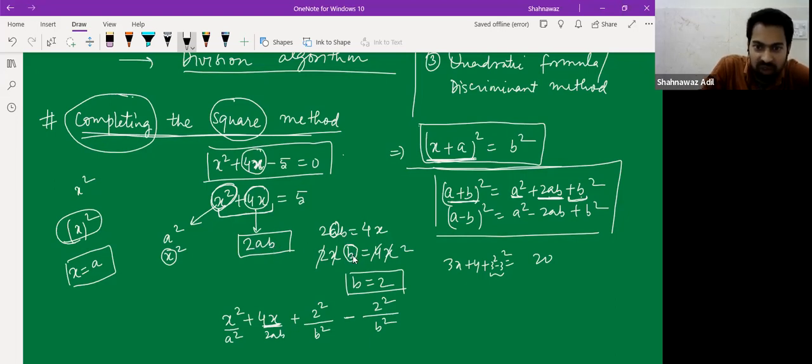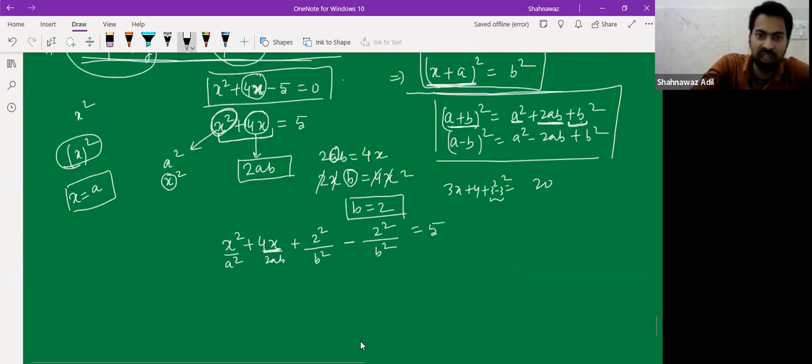And if we find b, then we add the square and we subtract the square. Understood? Any doubt up to this point?